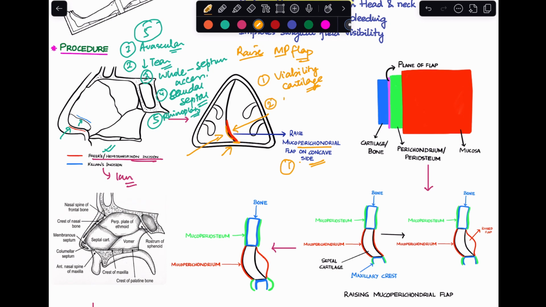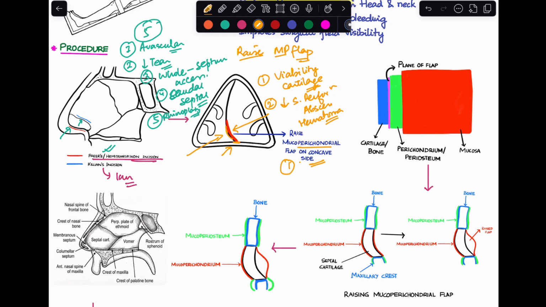And secondly, it will reduce the chances of any septal perforation, septal abscess or septal hematoma that may happen during the flap elevation, where you may end up injuring the flap. So that is the reason we prefer to raise the mucoperichondrial flap only on one side.